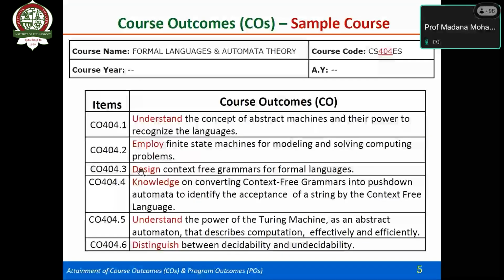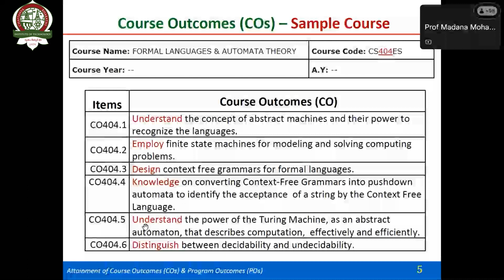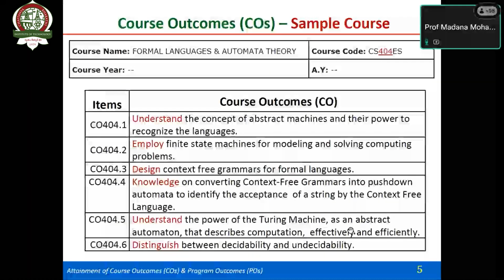Third: design context-free grammars for formal languages. Fourth: knowledge of converting context-free grammars into push-down automata, etc. CO5: understand the power of the Turing machine. CO6: distinguish between decidability and undecidability. How to formulate these COs, the procedure, you are already aware of.